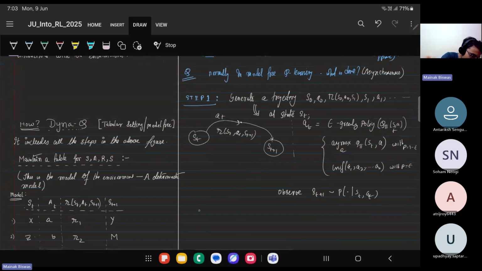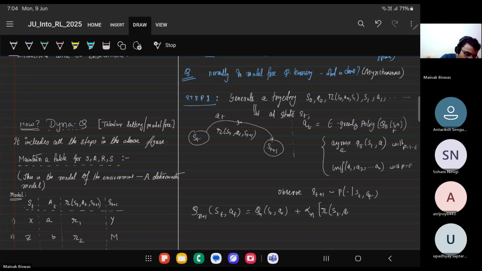Then what I do is write Q n plus 1 of ST comma AT as Qn of ST comma AT plus alpha N, the nth update, times the reward of ST, AT, ST plus 1 plus max over all actions of Q of ST plus 1, minus Q of ST, AT.